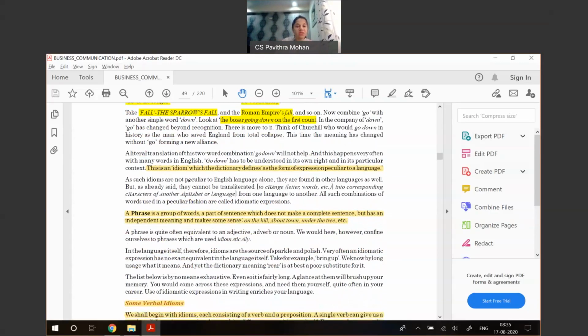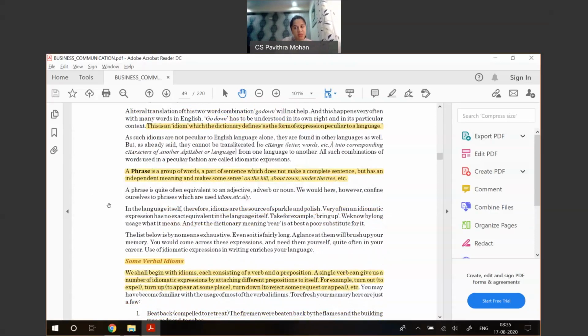In phrases, what happens is, we had explained this chapter also. A phrase is not a complete sentence. It will not have a subject, it will not have a predicate, and it will not be grammatically correct as a complete sentence.